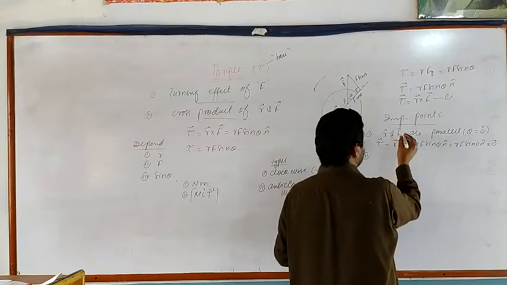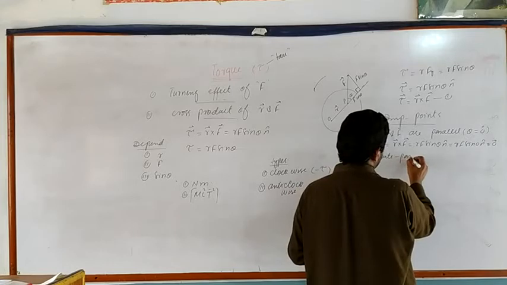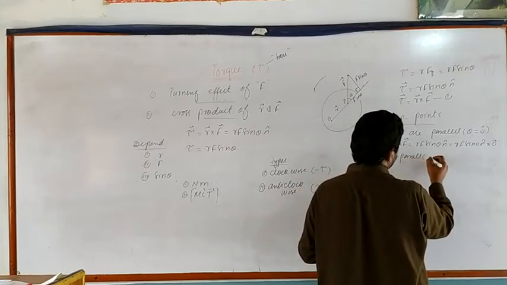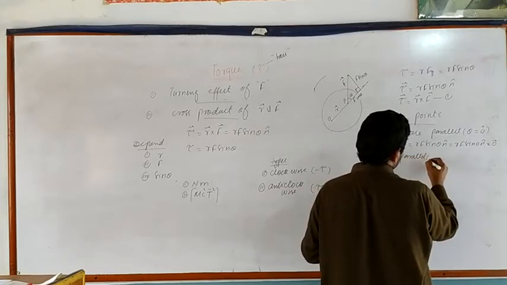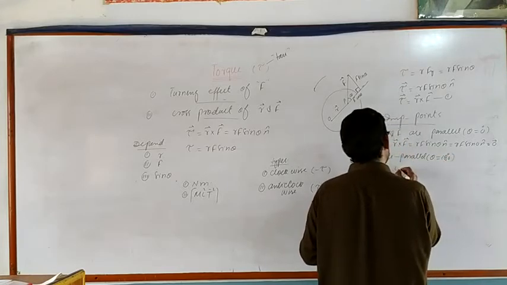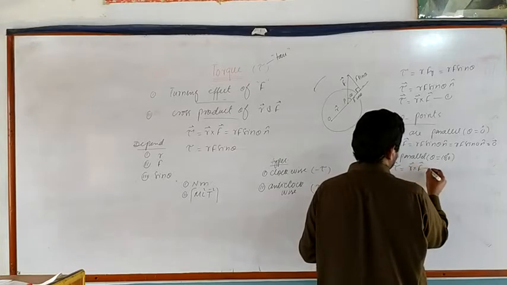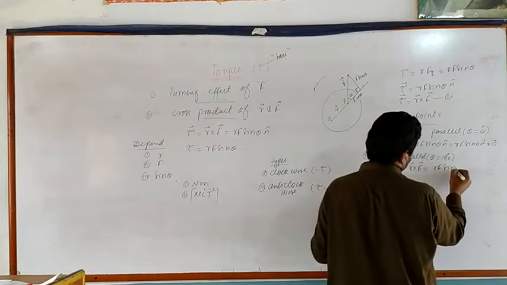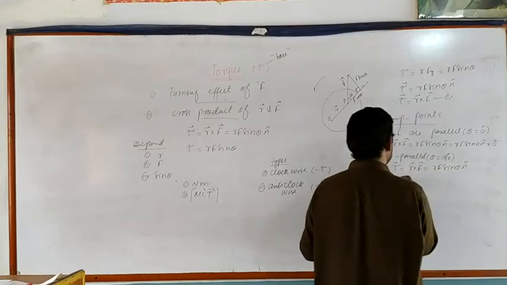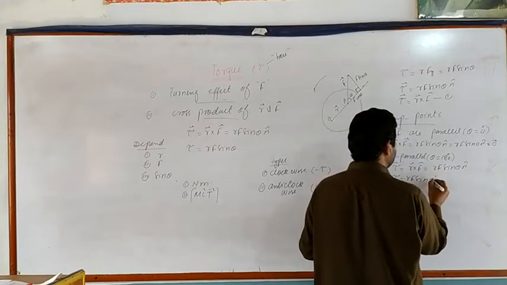Similarly, when vector r and vector f are anti-parallel, the angle between them is equal to 180. The value of torque is r cross f equal to r f sin theta into n unit vector, and in magnitude form r f sin 180.